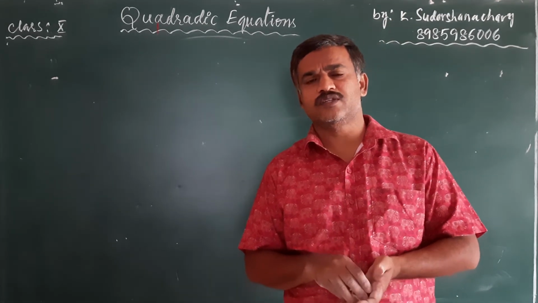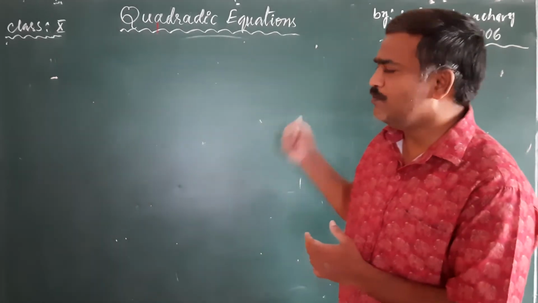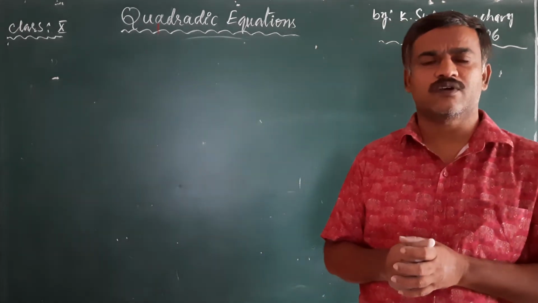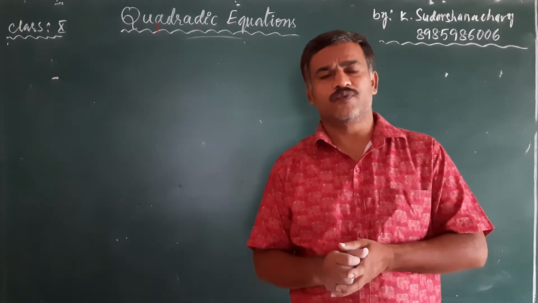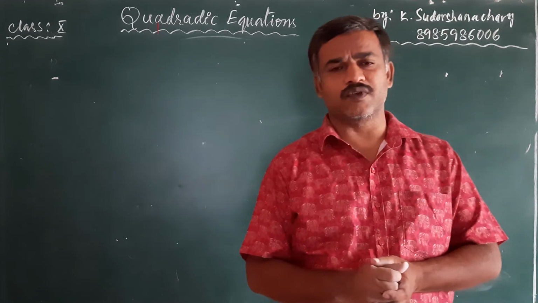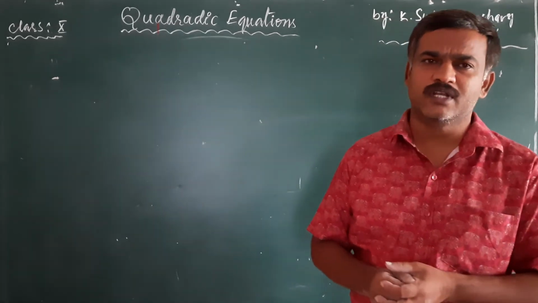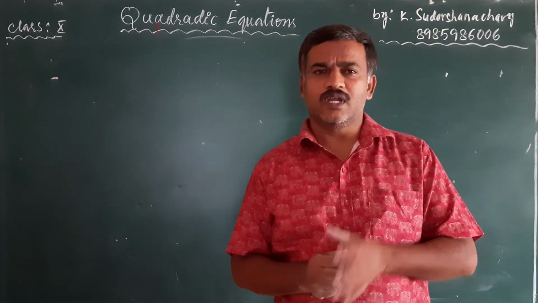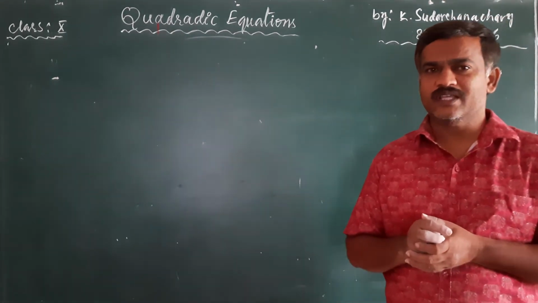Next, 5.2 and 5.3 cover the methods. How to find the roots of the quadratic equation by using the factorization method, and by using the completing square method and formula. So 5.2 is the factorization method, 5.3 is the formula and completing square method, and 5.4 is the nature of roots of the quadratic equation.